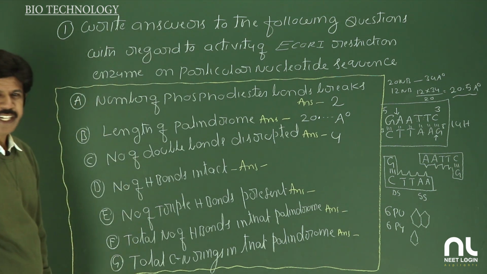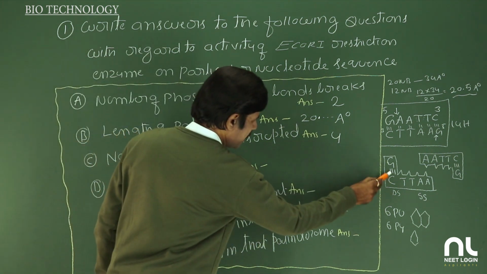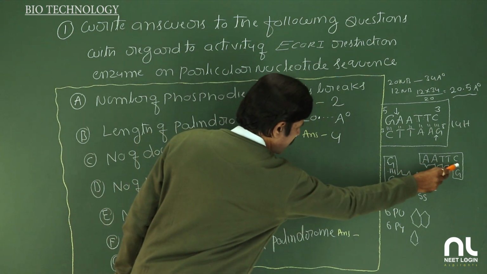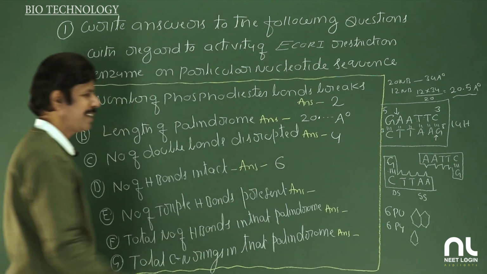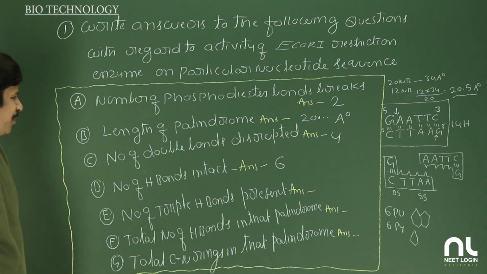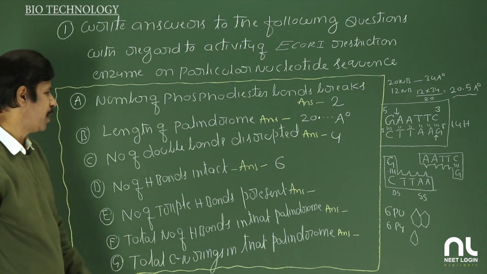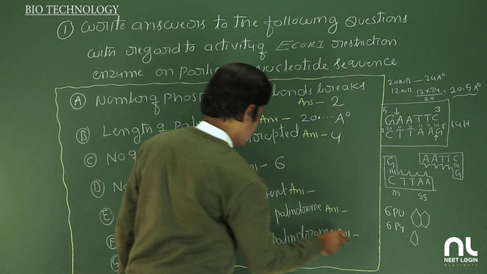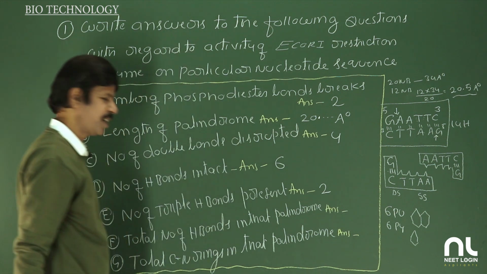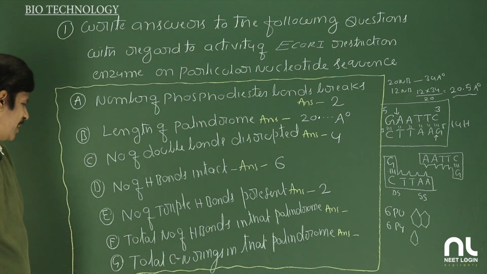Number of hydrogen bonds intact: guanine cytosine 3, cytosine guanine 3. So 6 hydrogen bonds are intact. Number of triple bonds present: 1 triple bond here, 1 there, so 2 triple bonds are present.